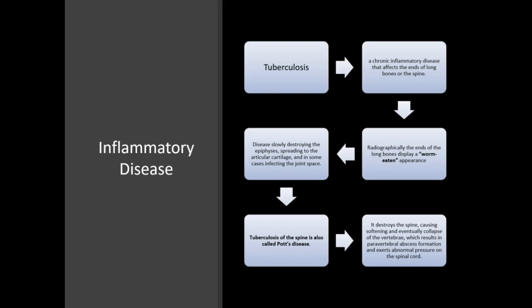TB of the spine is also called Pott's disease, so really important there, make sure you pay attention to that. It destroys the spine, causing softening and eventual collapse of the vertebra, and results in perivertebral abscess formation and exerts abnormal pressure on the spinal cord.